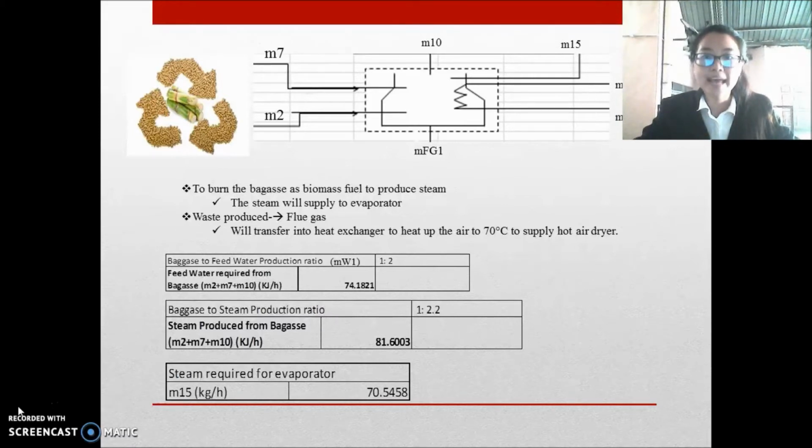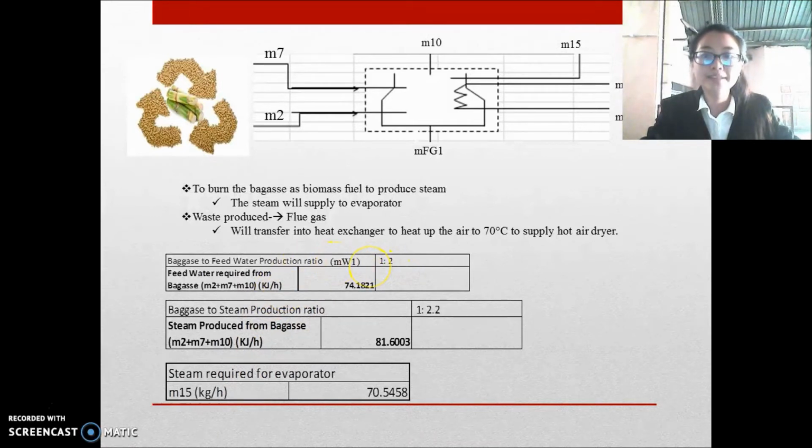M2, M7, and M10 are the streams from the bagasse. The bagasse total production is 37 kg per hour. So, from the equation, we can calculate that the feed water to bagasse is a 2:1 ratio. Therefore, the feed water required is 74 kg per hour. Next, the steam production ratio to bagasse is 2.2:1.